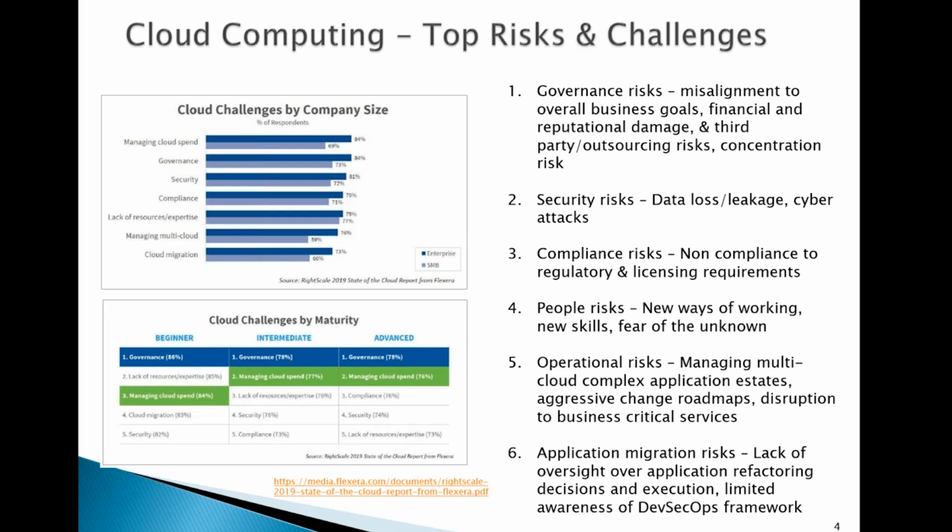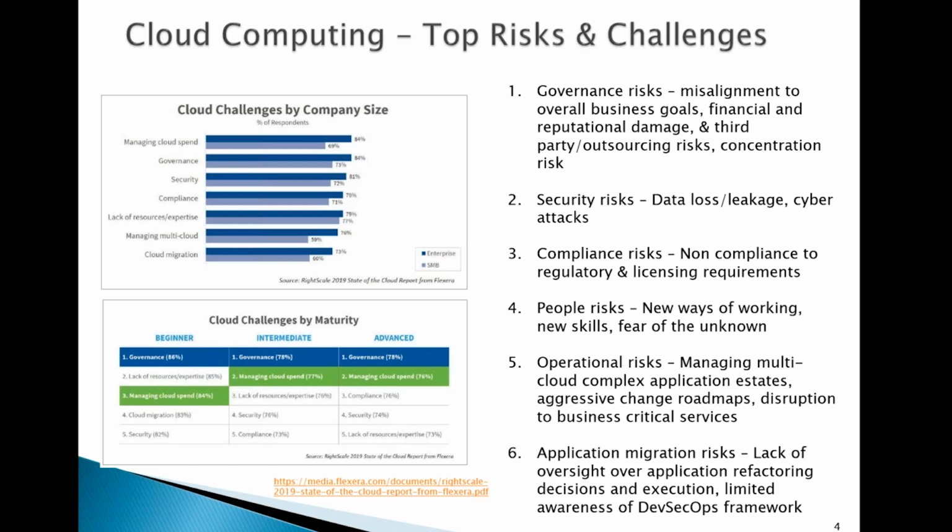And this is from a January 2019 report where a company called RightScale Flexera surveyed IT professionals across a broad cross section of organizations about their adoption of cloud computing, and actually produced for the 8th year the State of the Cloud report.